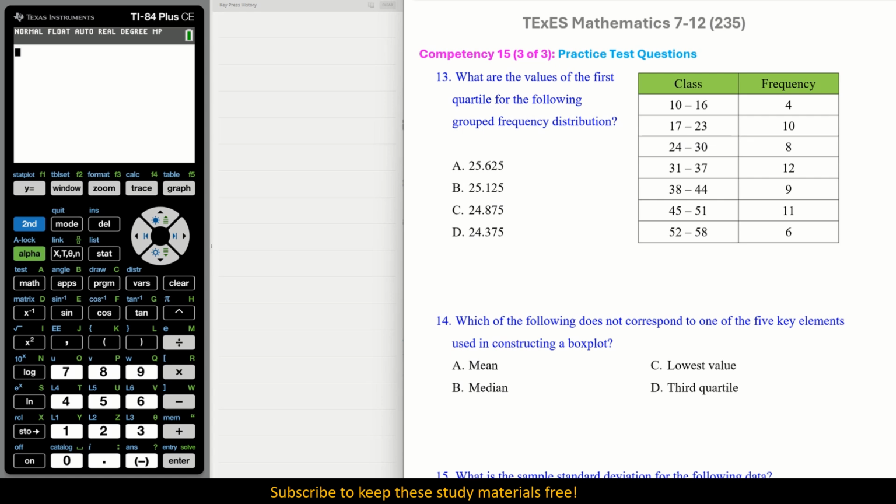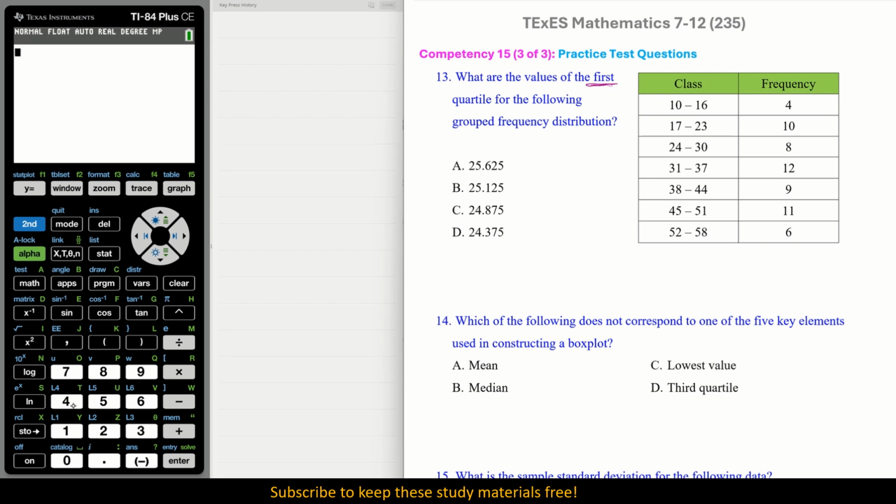Number 13. What is the value of the first quartile for the following grouped frequency distribution? Well, what we need to do to begin is add up the total for the frequencies right here, add them all up, and then divide by 4, and that will give us the row we need to work with.